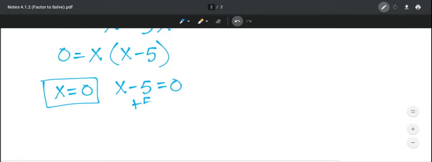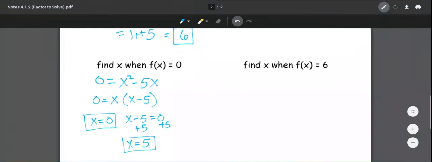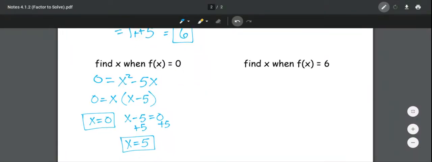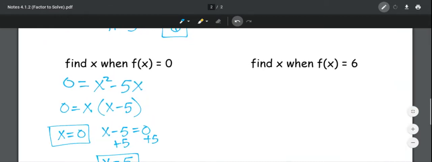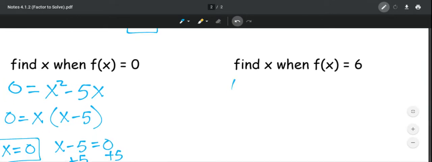So I add 5, and your other answer is x equals 5. So sometimes your factoring is super easy like that. All you have to do is take out a GCF. Other times, it's not going to be, and that's okay, because you guys are experts at factoring, right?